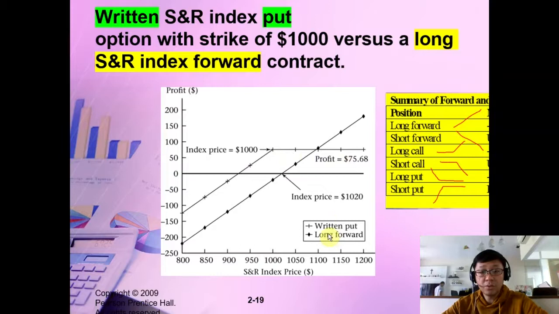This is also another way to look at the written put. A written put means a short put, isn't it? The graph looks like this, and then you have another, the long forward, which looks something like this.